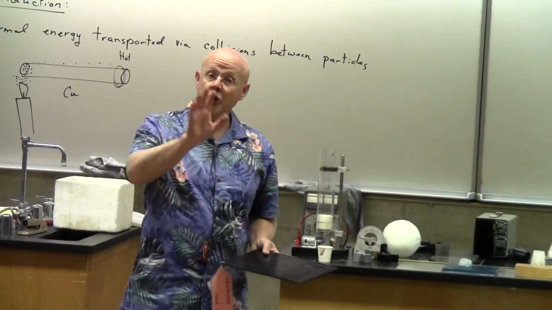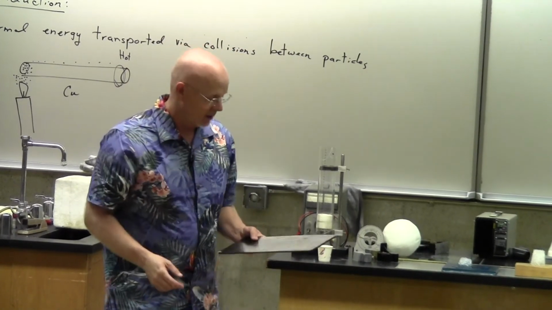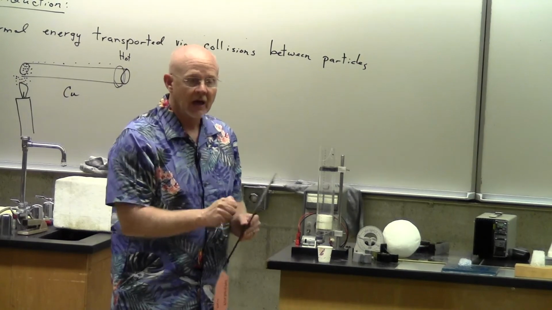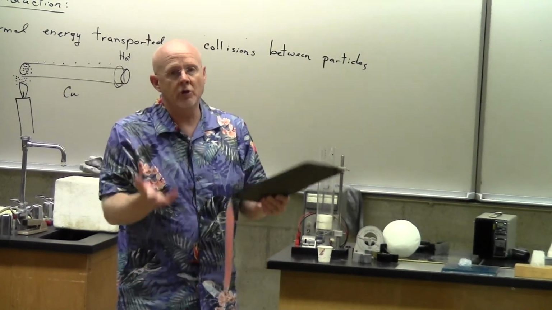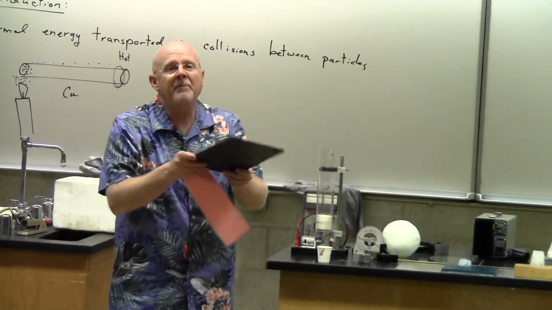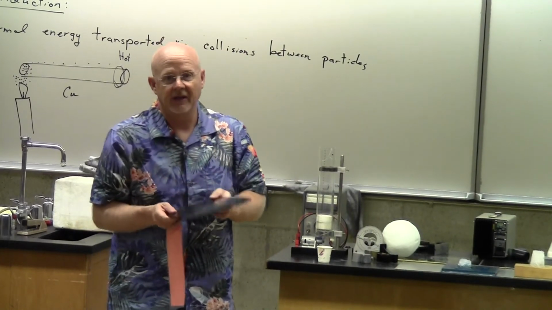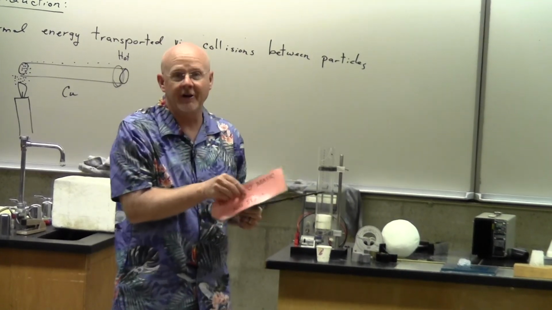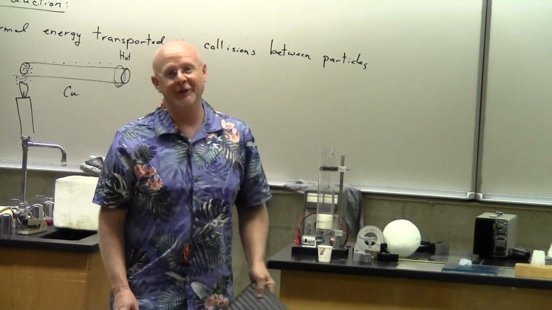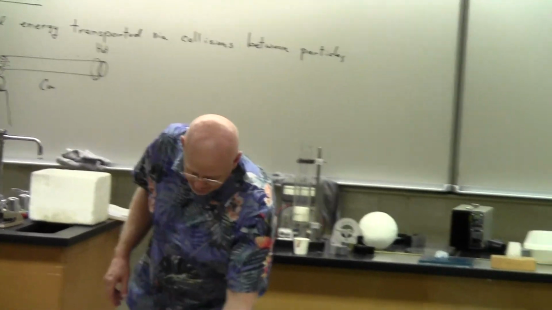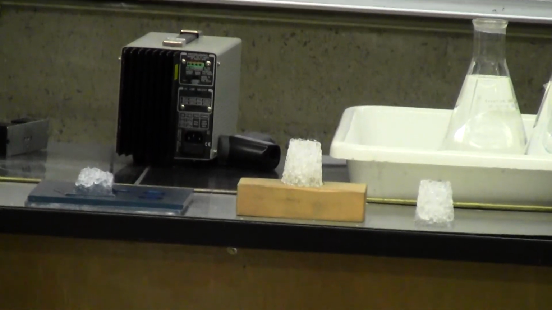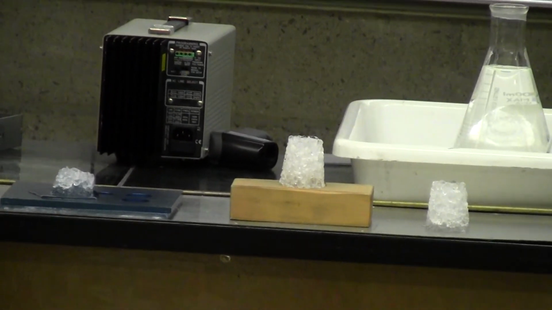And I suppose the good news is it does work. The bad news is it's just a chunk of aluminum. I could have bought this for 50 cents. Instead, I paid $20 for a piece of aluminum. But that's the whole idea of this conductivity here.